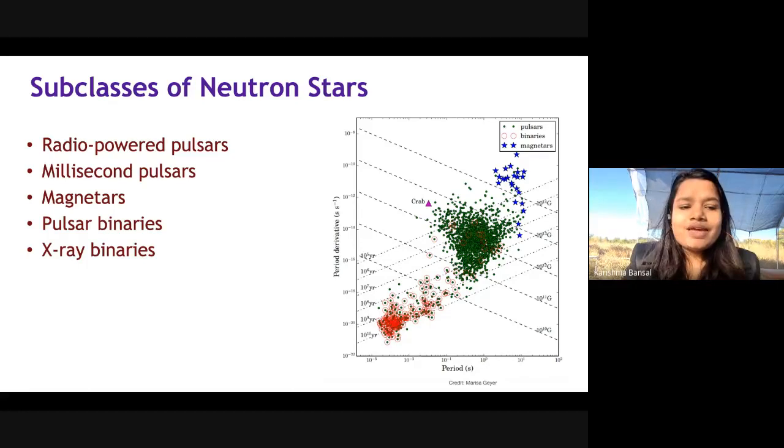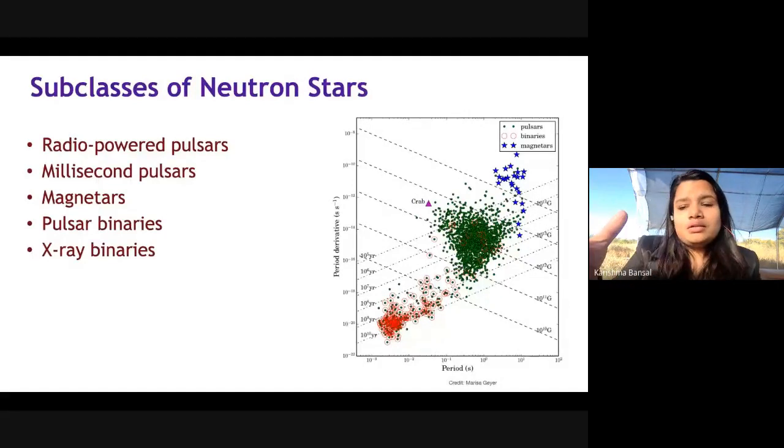So next in the line, we have pulsar binaries. A majority of millisecond pulsars tend to come in a binary system. And not just millisecond pulsars, there are also the X-ray binaries. In X-ray binaries, you have a compact source, which can be a white dwarf, a neutron star or a black hole.